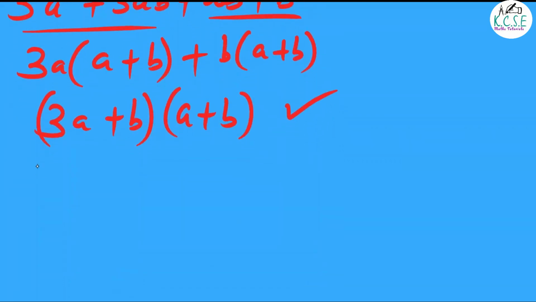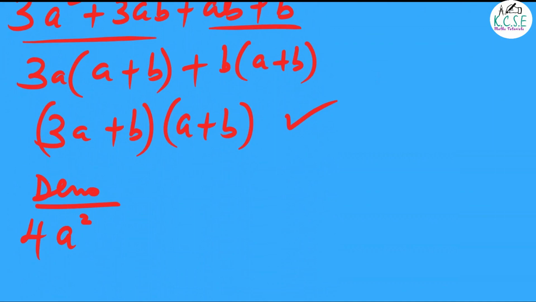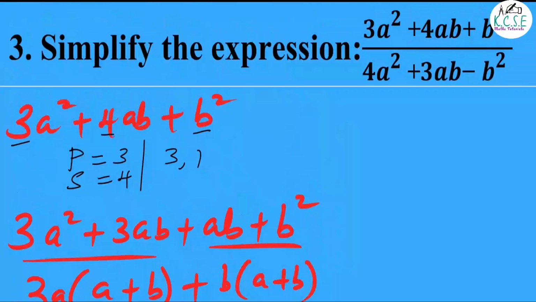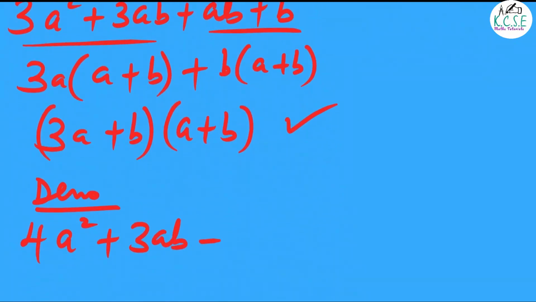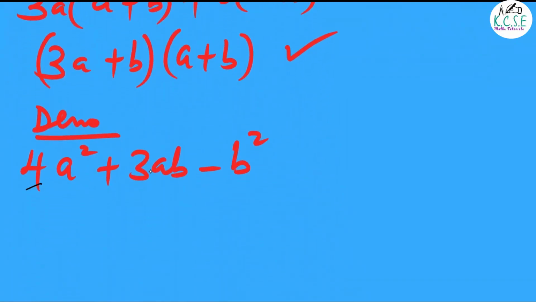Now let's go to the denominator. For the denominator, you have 4a squared plus 3ab minus b squared. So again, we look for two numbers whose product will give -4, and sum will be 3.